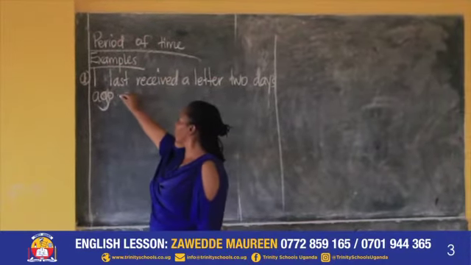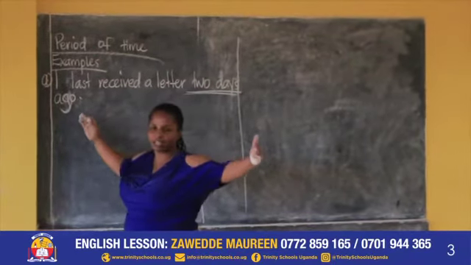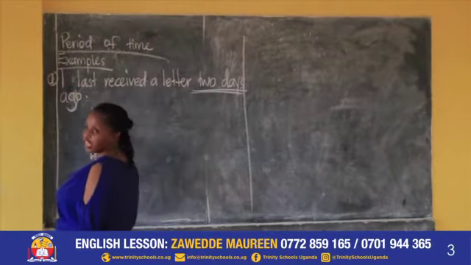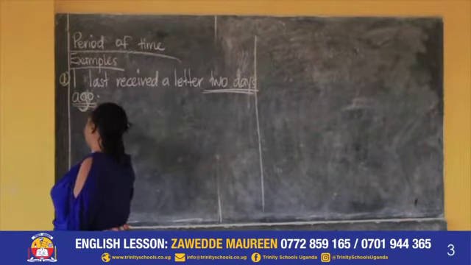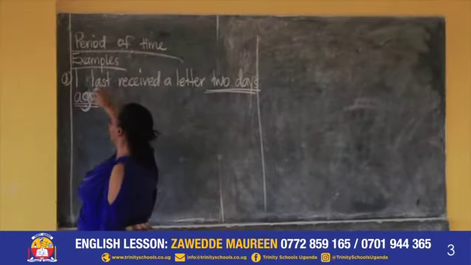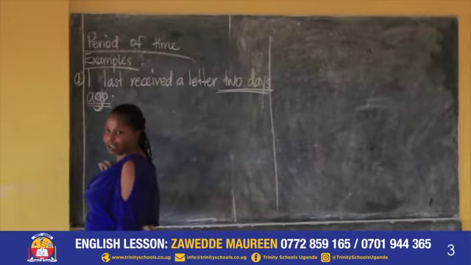When they bring a period of time like this, 2 days is a length of time. So the setter wants me to begin with this period of time, but don't use the word ago when I'm using since. These two adverbs don't go hand in hand.